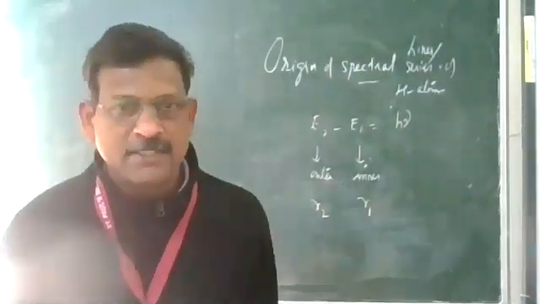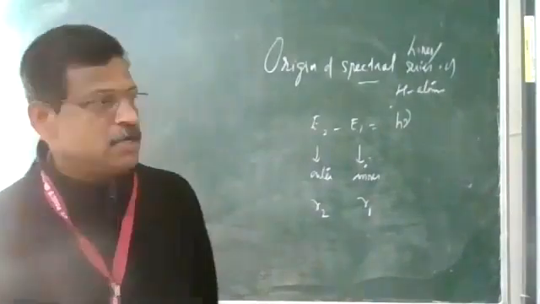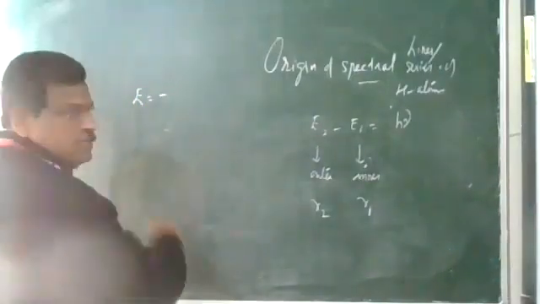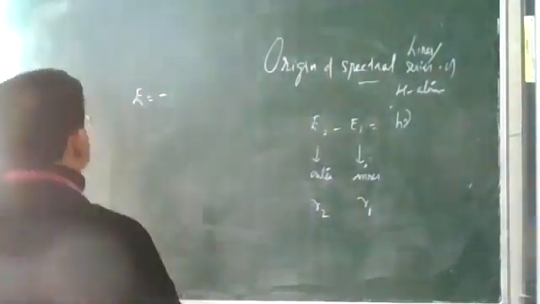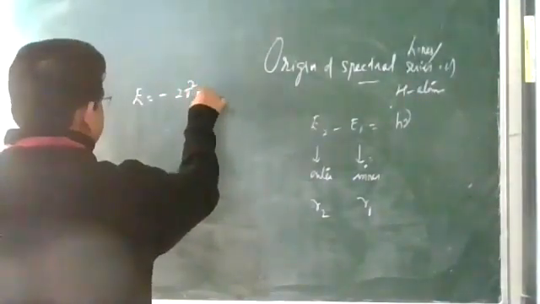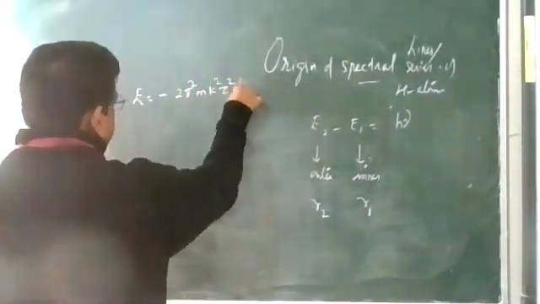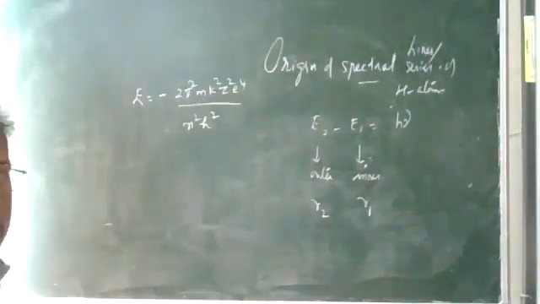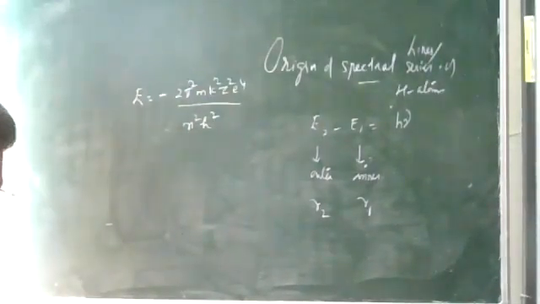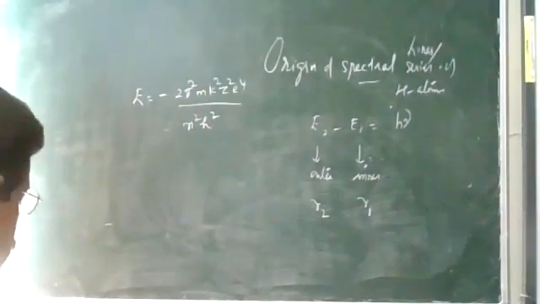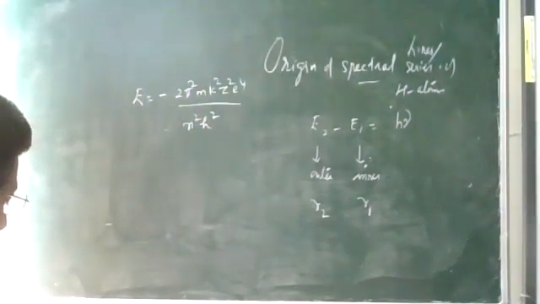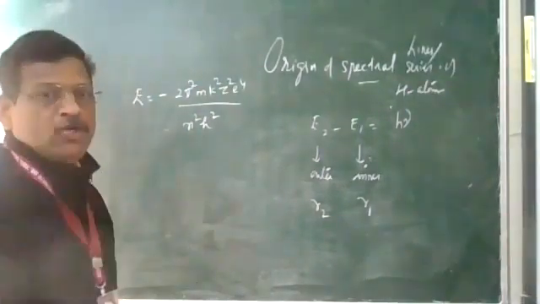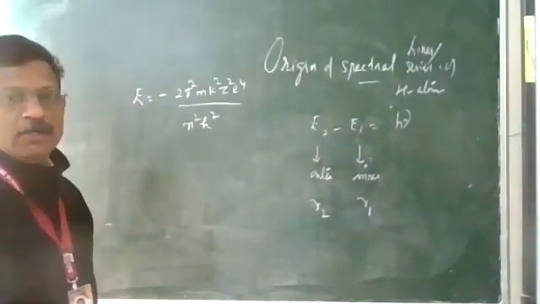The general equation of energy is E equal to minus 2 pi square k square z square e to the power 4 divided by n square h square. This equation you have to remember. So what are E2 and E1?